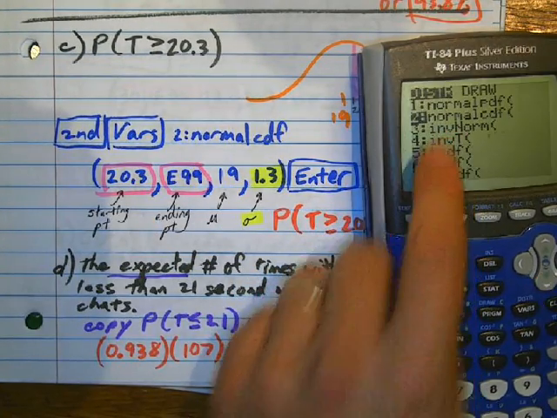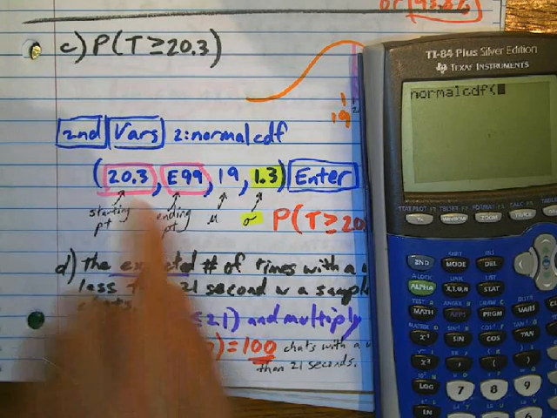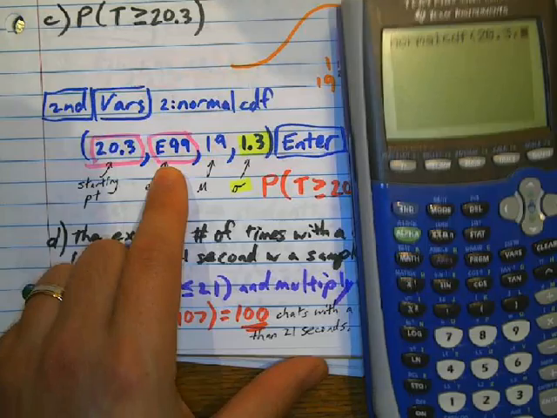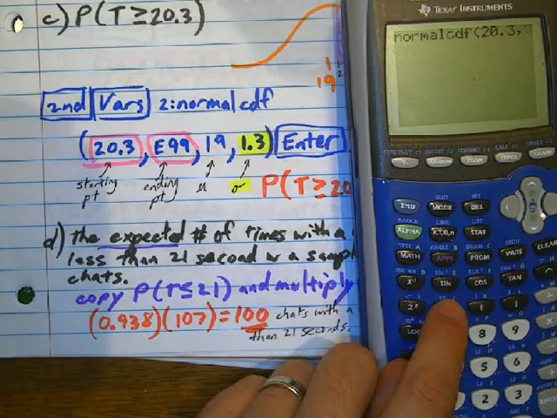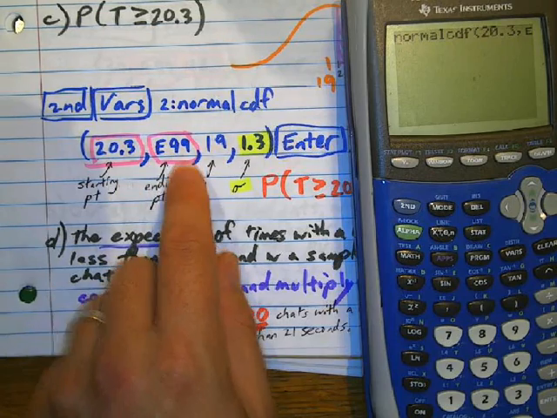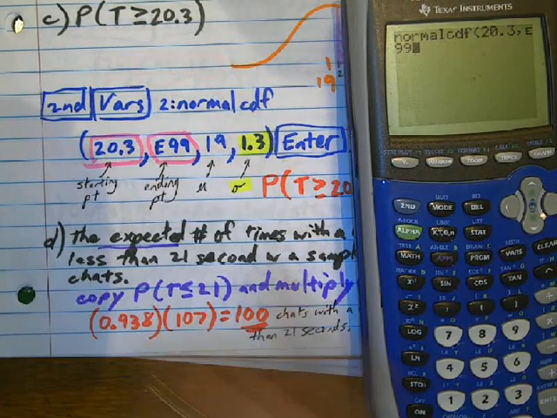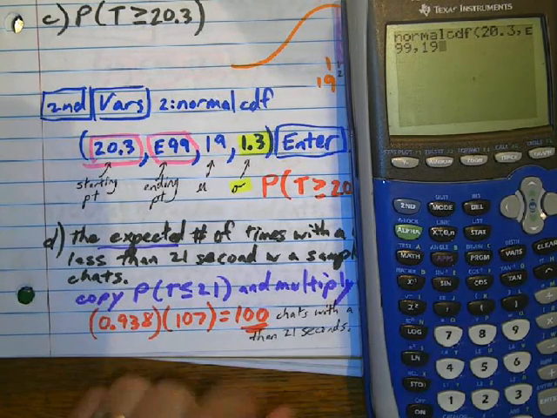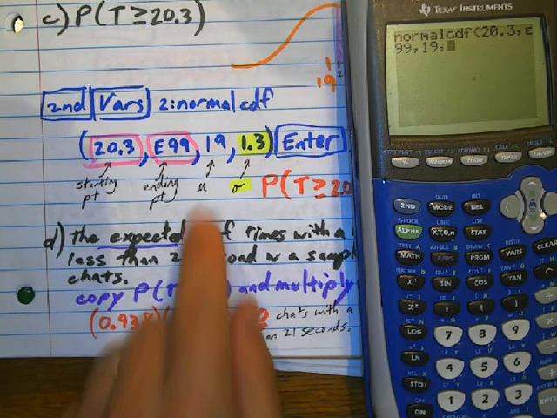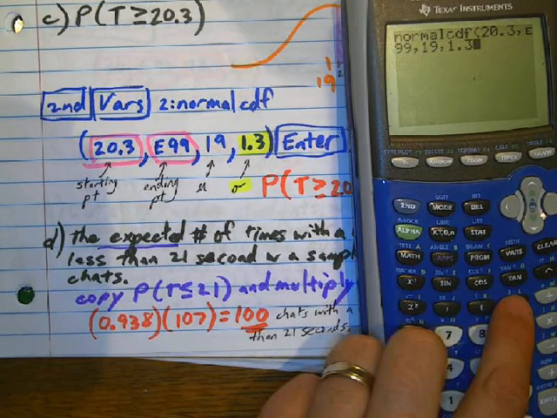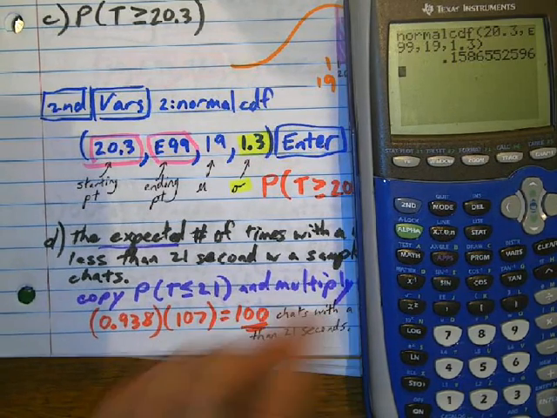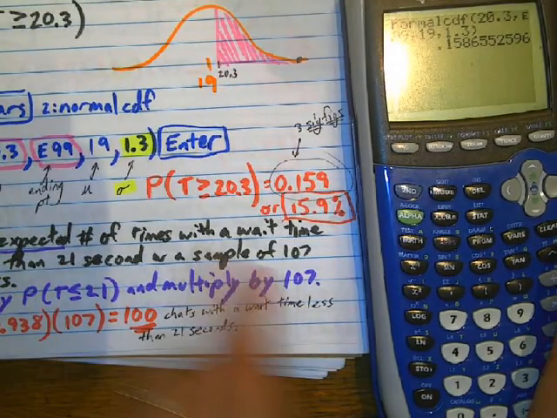I go down, enter, and then I type in 20.3, comma, that's the button above the 7, and then E. You hit second and comma to get that capital E, and then 99, and then comma, and then 19, comma, and then 1.3, close parentheses. It still works even if you don't close the parentheses, and then I hit enter, and I get the answer that I said we would get.